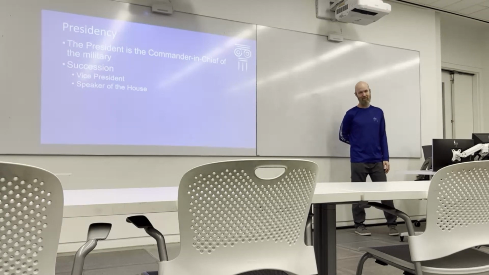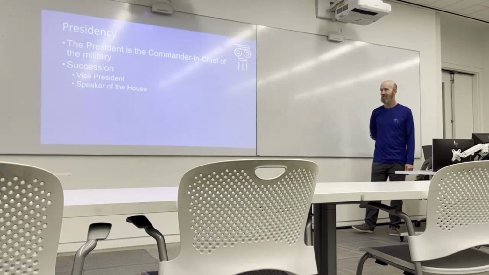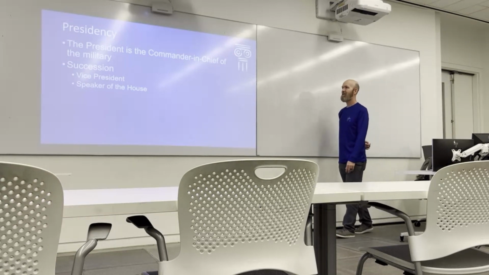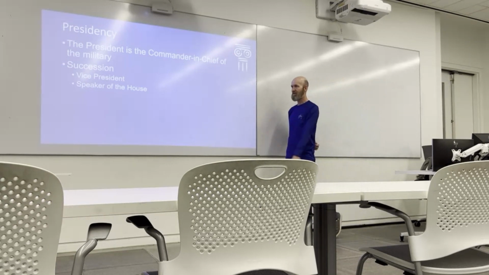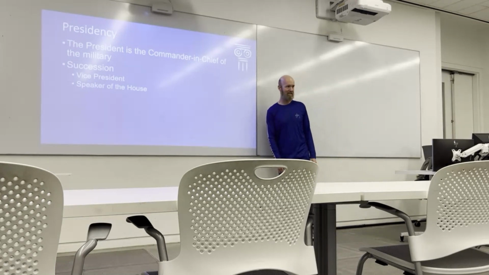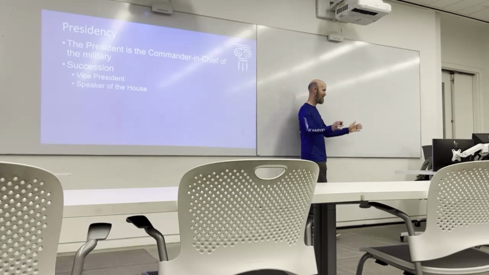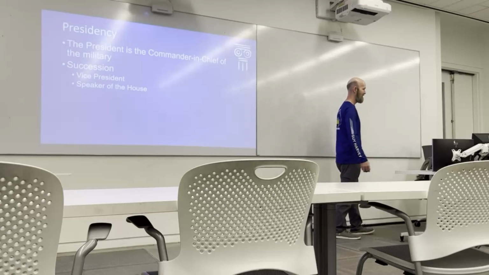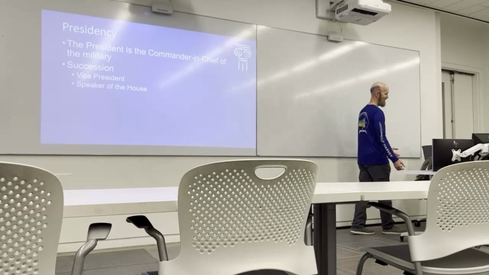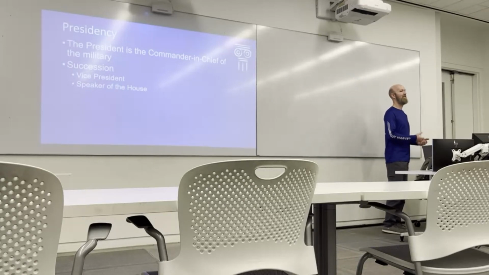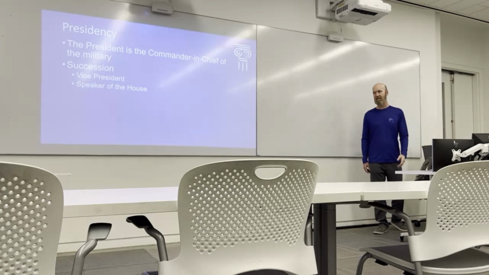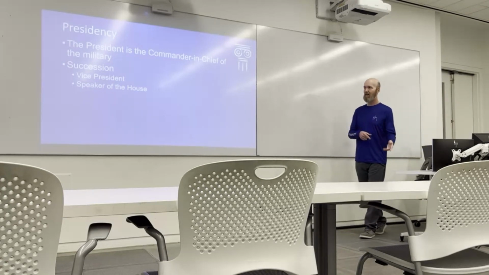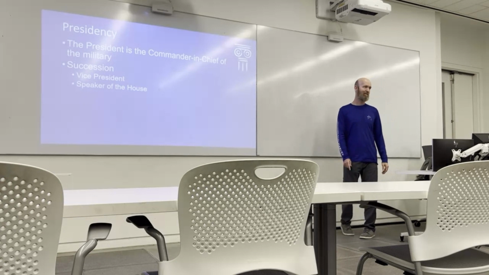You should know that the third in line is the Speaker of the House. So if the president dies or gets impeached or resigns, the vice president becomes president. If the vice president dies or gets impeached or resigns, then the Speaker of the House becomes president.